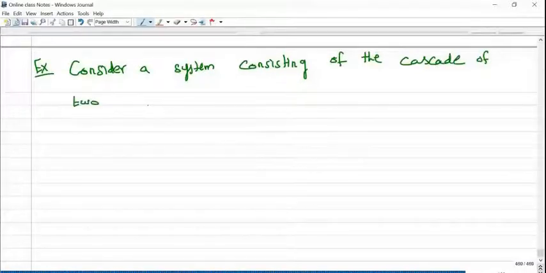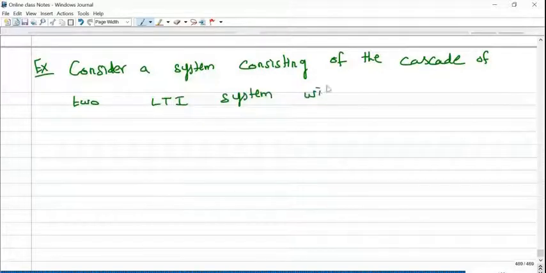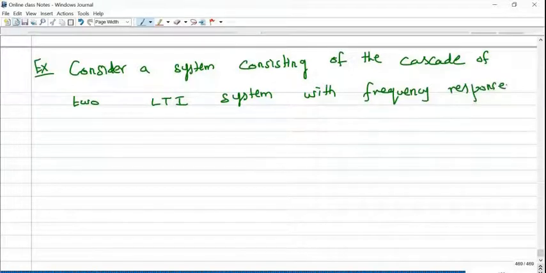Cascading means series connection, one by one. Two LTI systems with frequency response H1 of e power j omega.